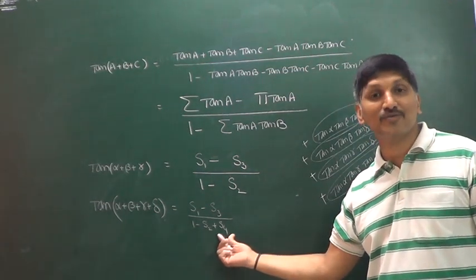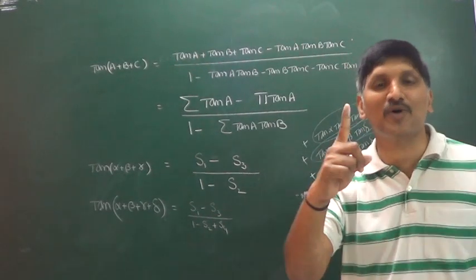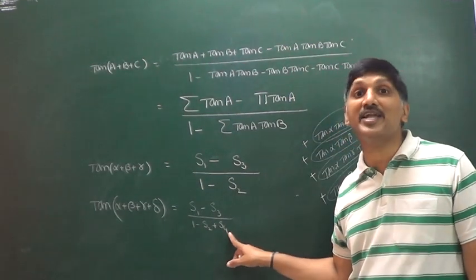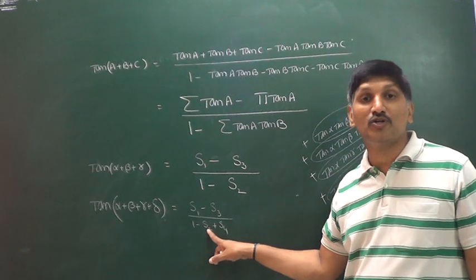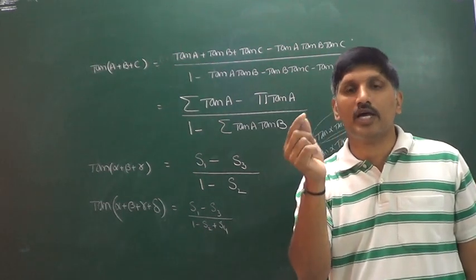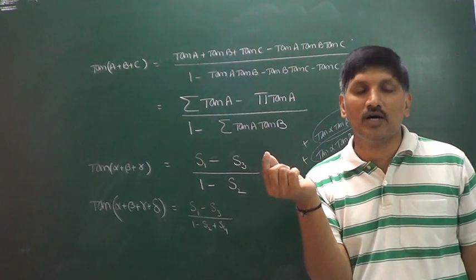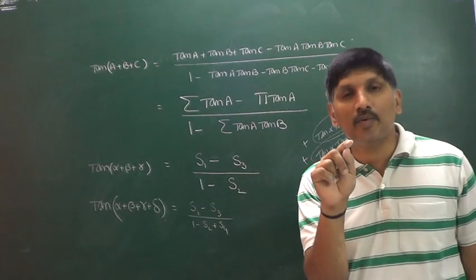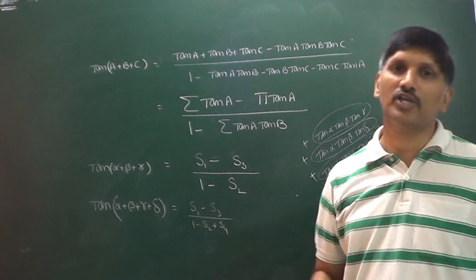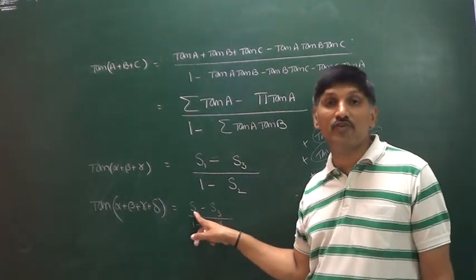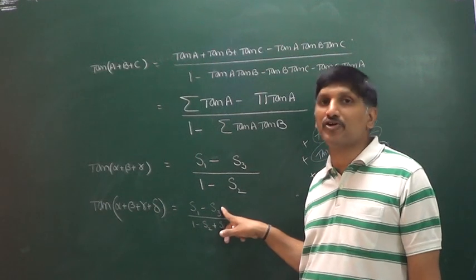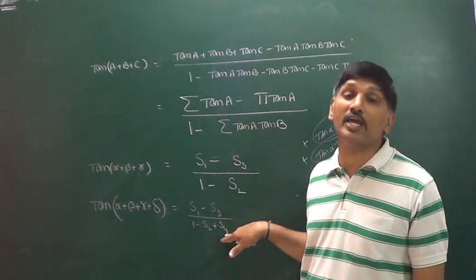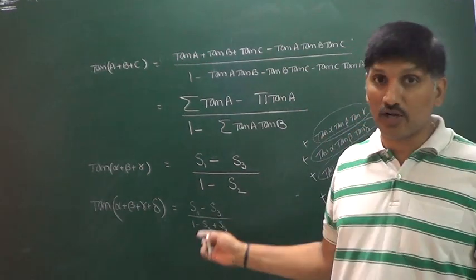The sum of the product of the terms taken four at a time. There is only one possibility: tan alpha into tan beta into tan gamma into tan delta. S2 means we take two at a time: tan alpha tan beta, tan alpha tan gamma, tan alpha tan delta, tan beta tan delta, tan gamma tan delta, like that. So S1 means one at a time, S2 two at a time, S3 three at a time, S4 four at a time. That is the formula for this.